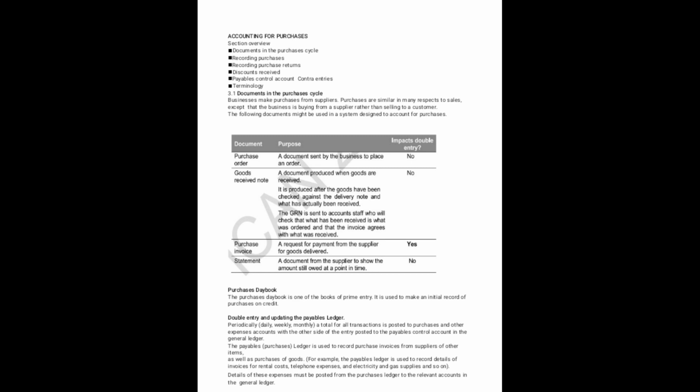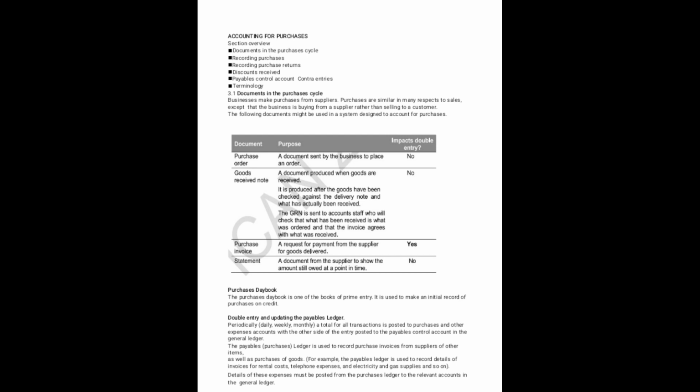As I already stated in our earlier discussion, a purchases invoice is used to record credit purchases. It's a request for payment from the suppliers for goods delivered. A statement is a document from the supplier to show the amount still owed at a point in time.